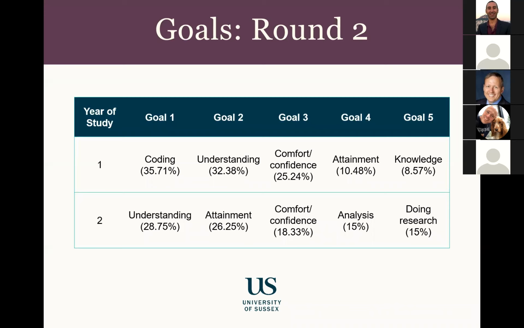You can also see that for the first years, attainment is now in the top 5 on the map. But there is a difference in the overall prevalence of the focus on attainment. Of course, second years are a little bit more focused on getting a good mark than first years are quite yet.